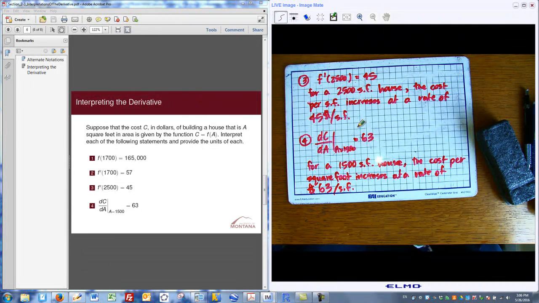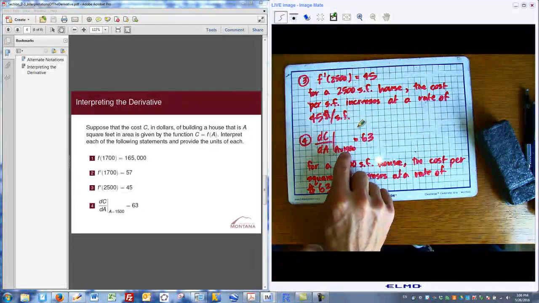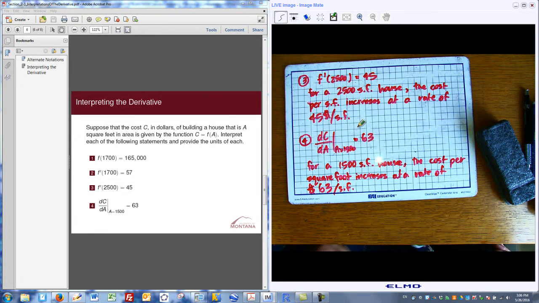So again, this idea of a smaller home, actually price per square foot is going to be a little bit higher, I think, because of the cost of infrastructure, which is spread across a smaller square footage.